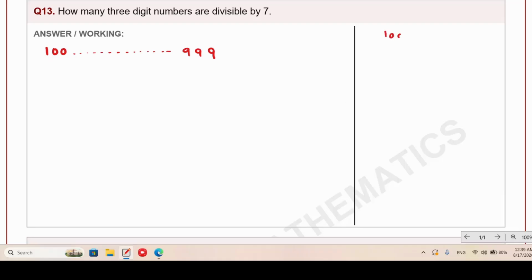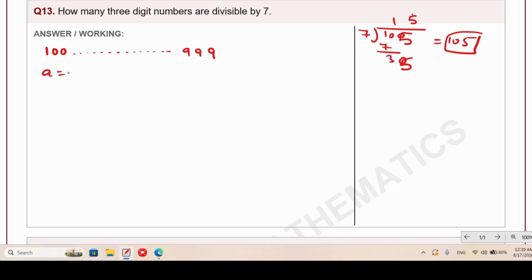When we divide 100 by 7, okay, so 7 1s are 7, 3 0. In the table of 7, after 30 it will be 35. So 7 5s are 35. So अगर यहाँ पे 5 होता तो ये पूरा पूरा divisible हो जाता, right? It means that this is 105 which is divisible by 7.